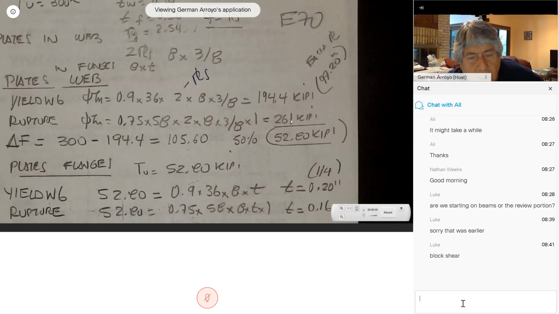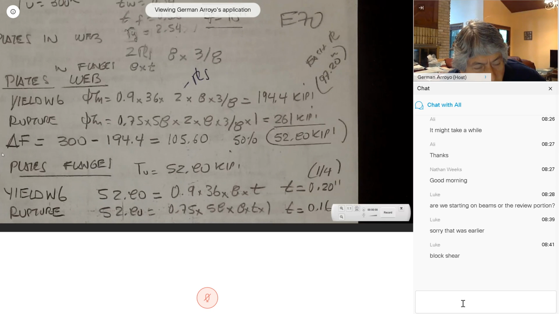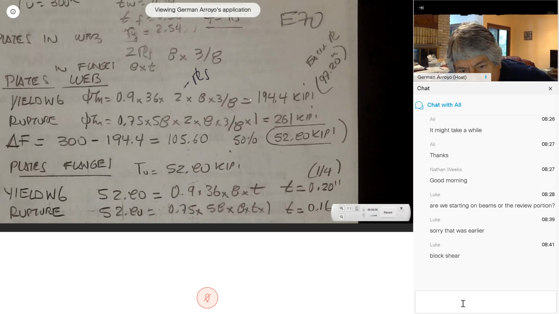It's obvious that in this situation, when I say limit state, for the plate right now, I cannot do anything else. So I found the difference between TU and the controlling. 194 is controlling because it will never reach 261.